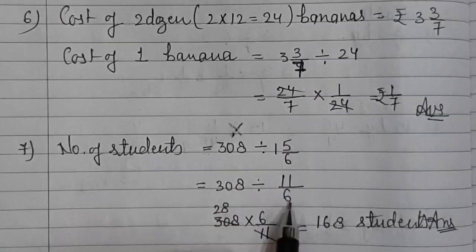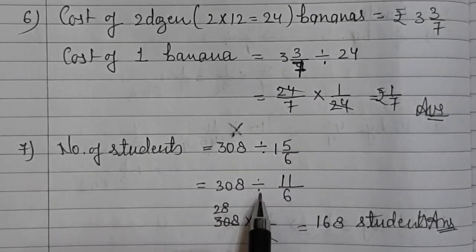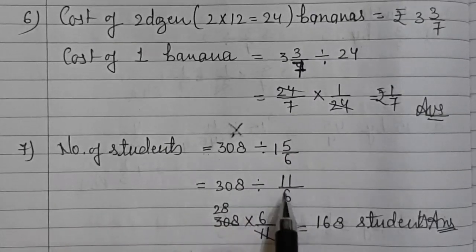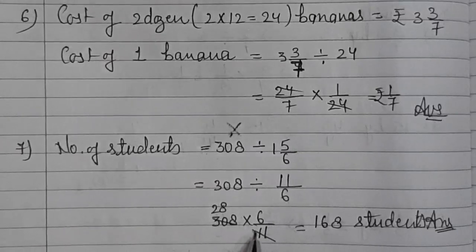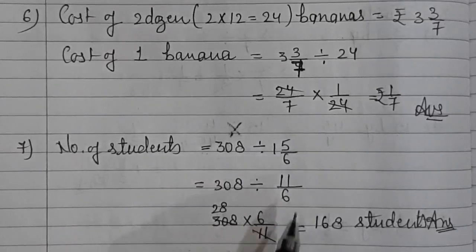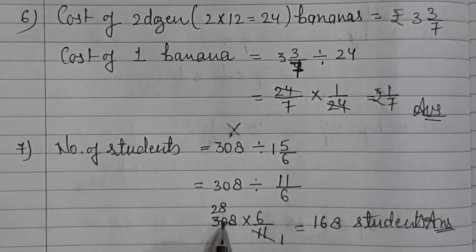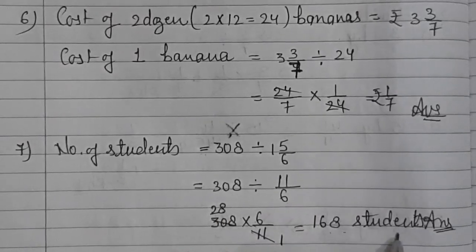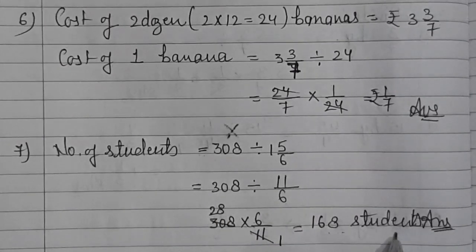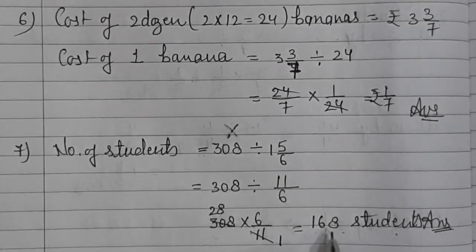It will come 11 by 6. Then convert the division sign into multiplication. We write the reciprocal of 11 by 6, that is 6 by 11. Cancel out 11 by 308. When we cancel out, 11 ones are 11, 11 twos are 22, 11 eights are 88. 28 into 6 is equal to 168 students, right? The number of students in the hostel is equal to 168.